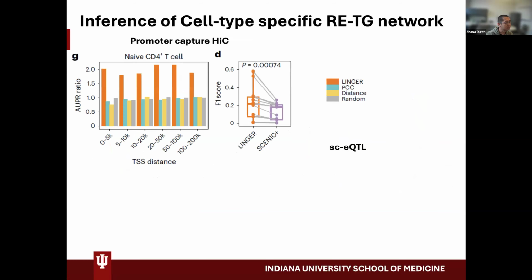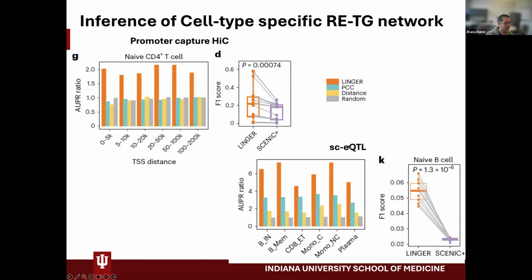And in promoter capture Hi-C, eQTL can give us the enhancer, RE and gene connection, and our AUPR ratio is much higher than the existing methods here. And even in eQTL validation, we get a much higher AUPR ratio, about 6 in the eQTL-based validation.